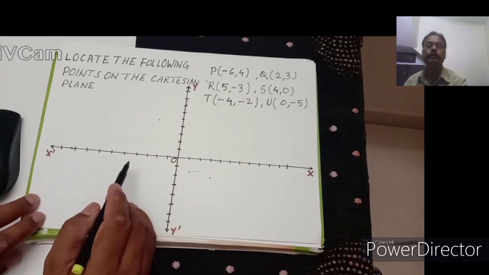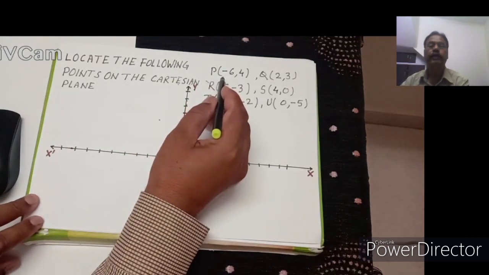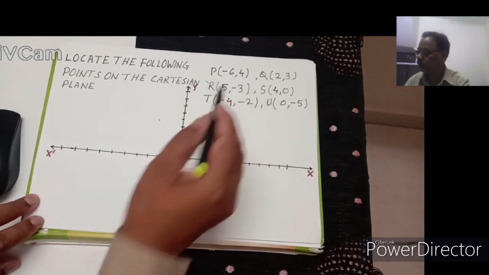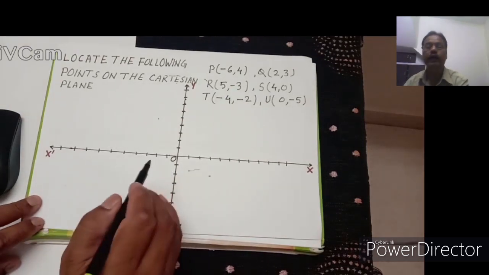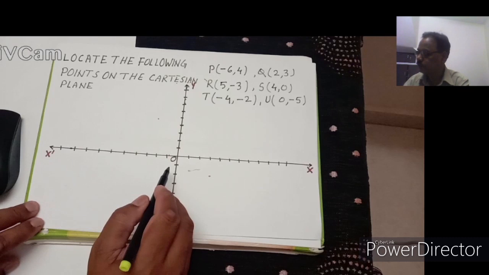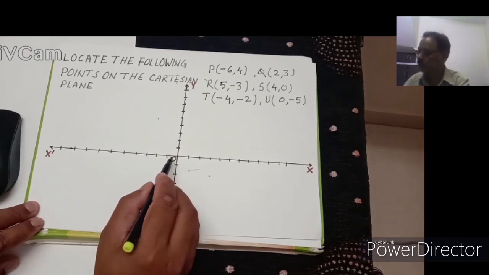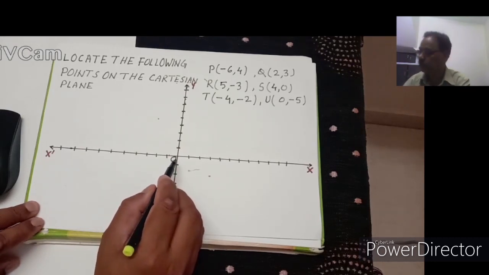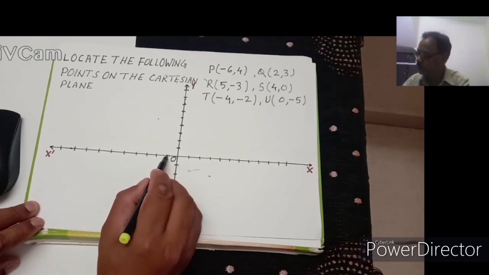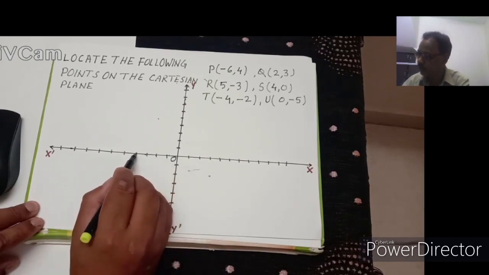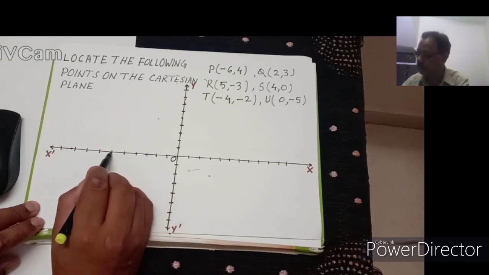First point is point P. Point P is -6, 4. We are going to locate this point on the Cartesian plane. -6, 4. -6, so x value is -6, so we shall move on the x-axis to the negative side. -1, -2, -3, -4, -5, -6.